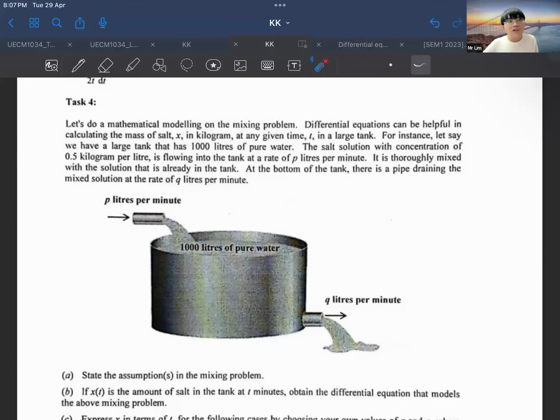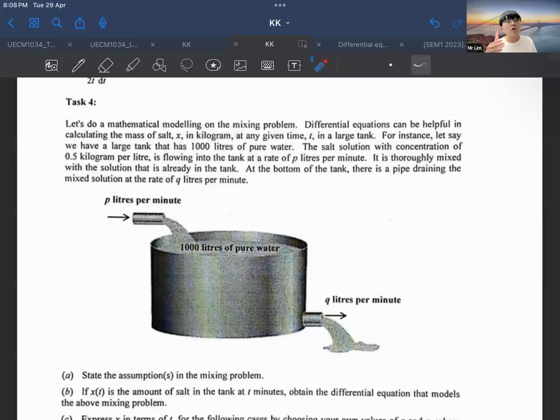If you notice, this kind of setting was in one of your past year questions. I don't remember which year already, I think 2018 or something like that. It was in section B, a 15-mark question.